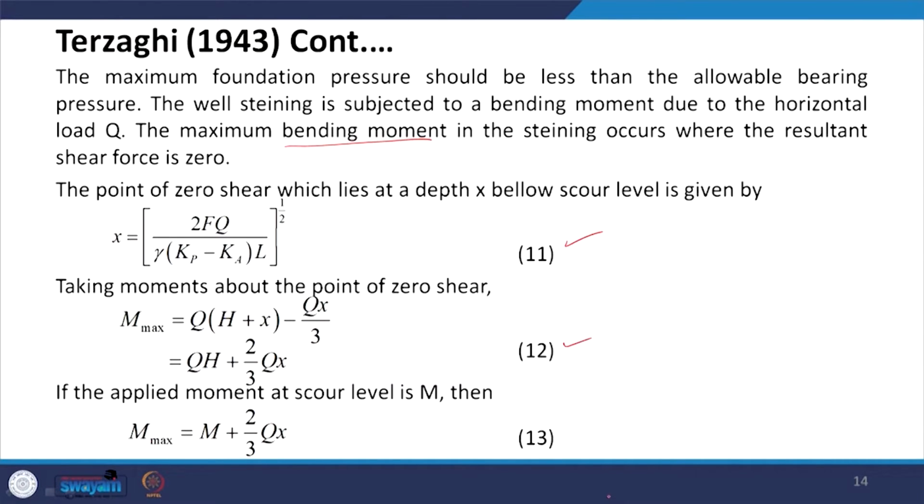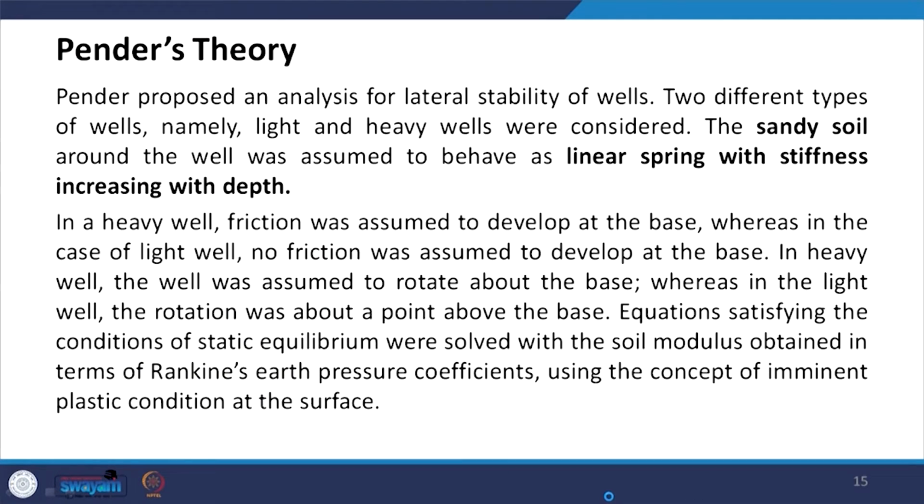Now, let us discuss a little bit what Pender has suggested. Pender proposed an analysis for lateral stability of wells, and two different types of wells, namely light and heavy wells, were considered. The sandy soil around the well was assumed to behave as a linear spring with stiffness increasing with depth. So, how is the soil characterized?